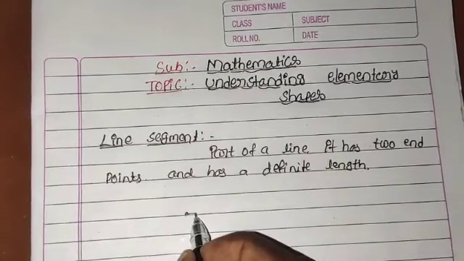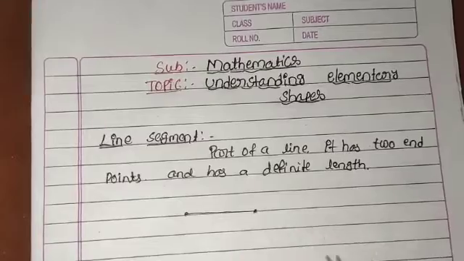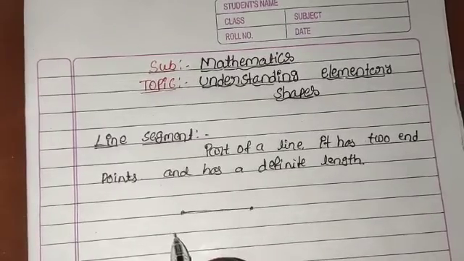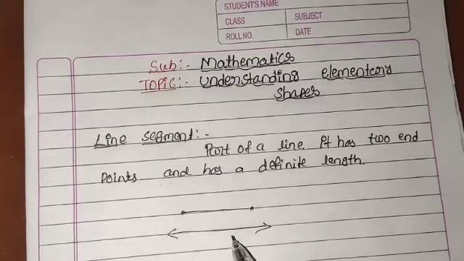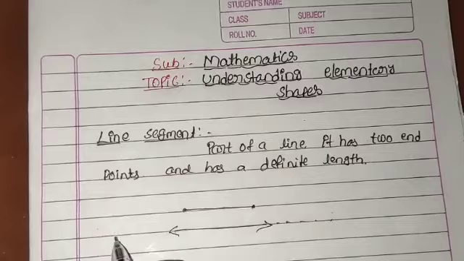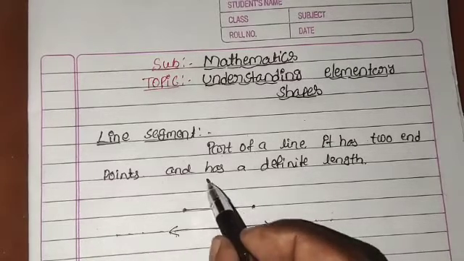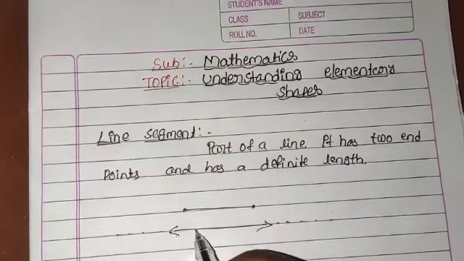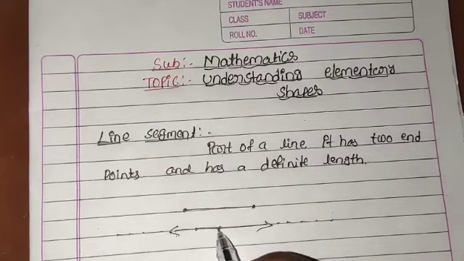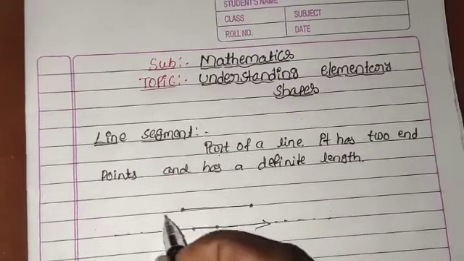For example, this is one line segment. It is a part of a line. This is a line; we know that a line is nothing but a straight line. It can extend in both directions. A line segment is a part of a line.